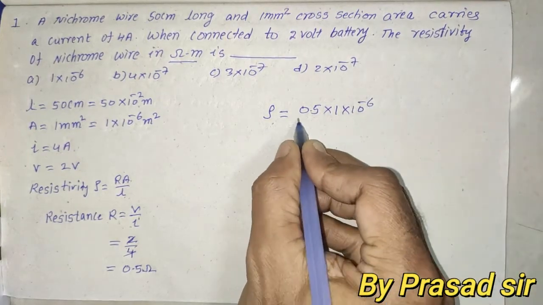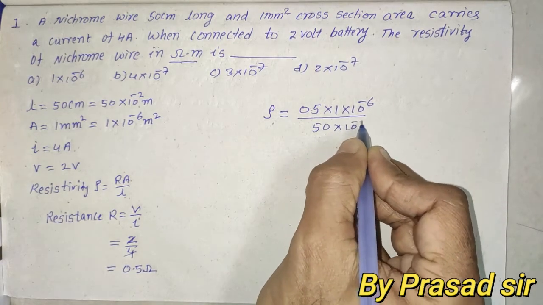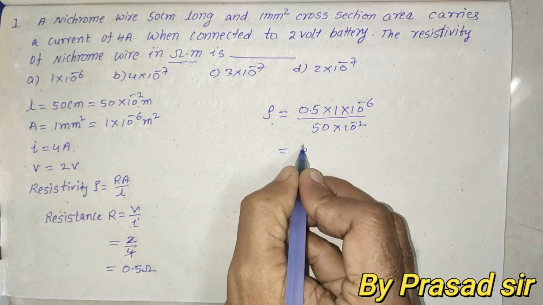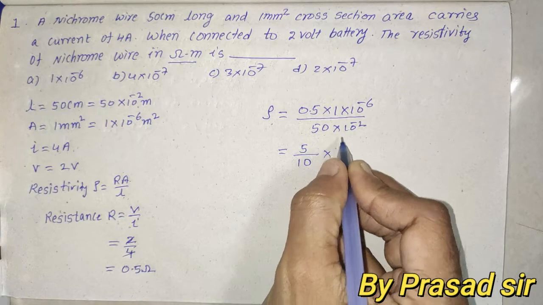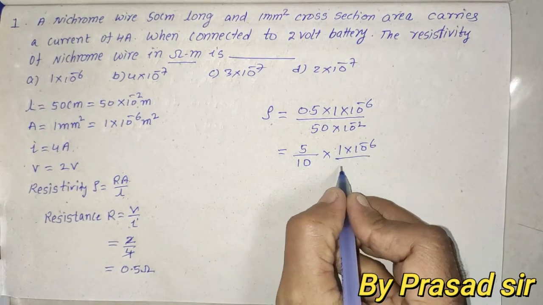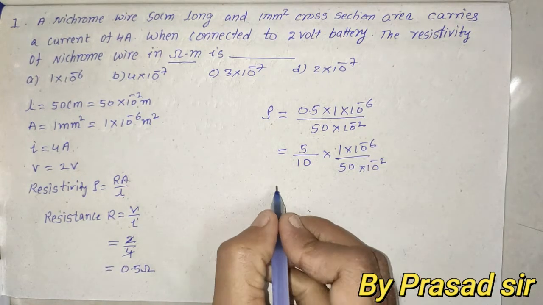power of minus 6, divided by length 50 into 10 to the power of minus 2. So here 0.5 can be written as 5 divided by 10, into 1 into 10 to the power of minus 6, divided by 50 into 10 to the power of minus 2.